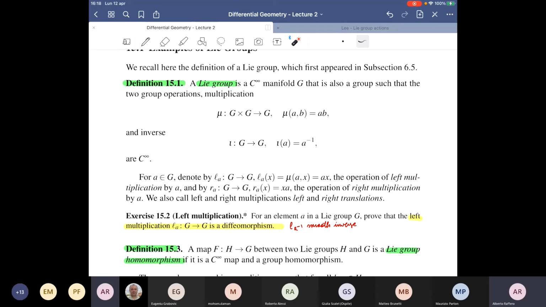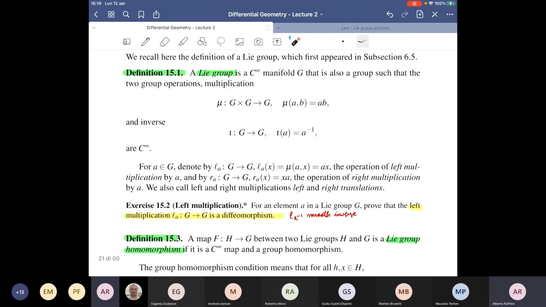So in particular, a Lie group is a smooth manifold, which we shall denote by a capital G, which is also a group such that the group operations, that are the multiplication, denoted by mu, and the inverse, denoted by I, are both smooth maps. So we want these operations to be smooth if we think of them as maps between smooth manifolds.